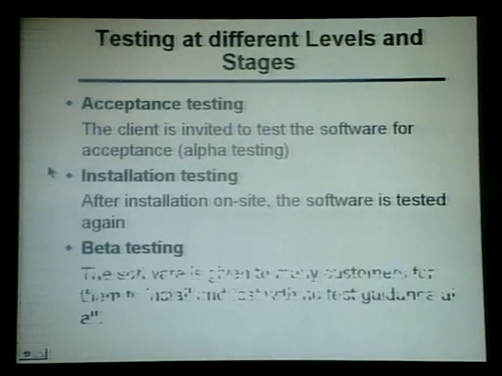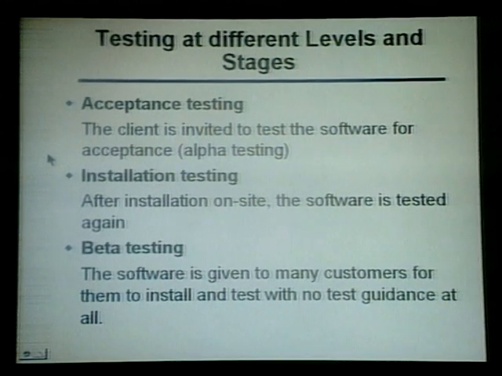We can also do acceptance testing, in which the client is invited to test the software for acceptance. And generally, acceptance testing is done once the whole system has been developed. Acceptance testing is also called alpha testing.